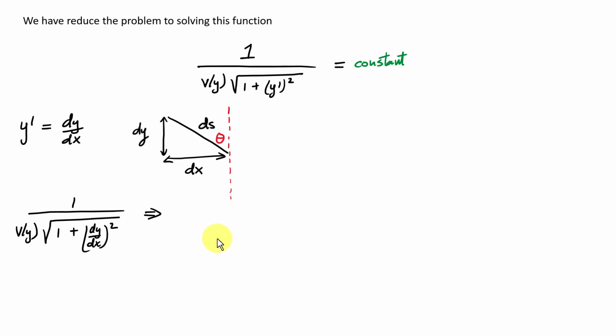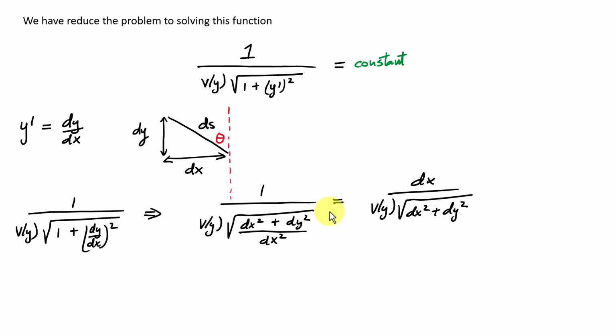Okay, the next step I could do now is simply rewrite that, right? I can put things on a common denominator again. So that becomes square root of dx squared plus dy squared over dx squared. Now what you can do is factor out a dx from this denominator and bring it all the way to the top.